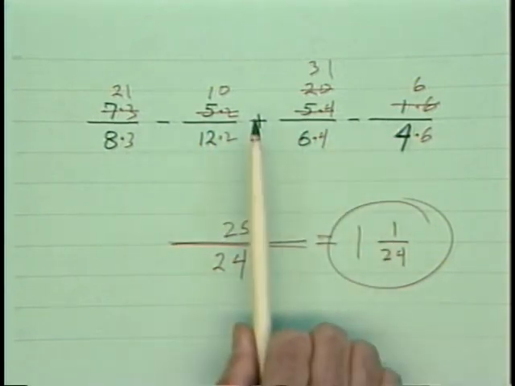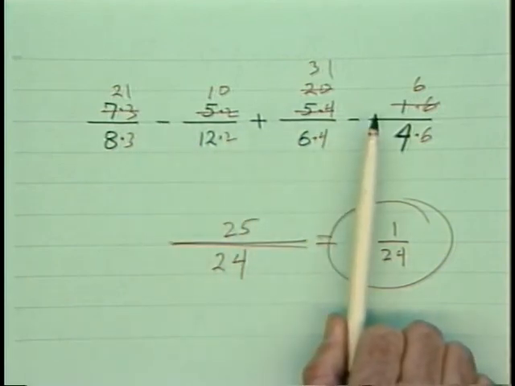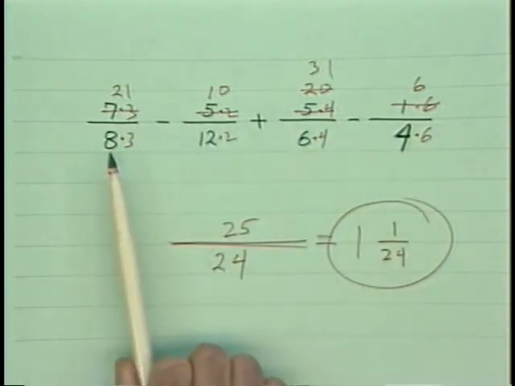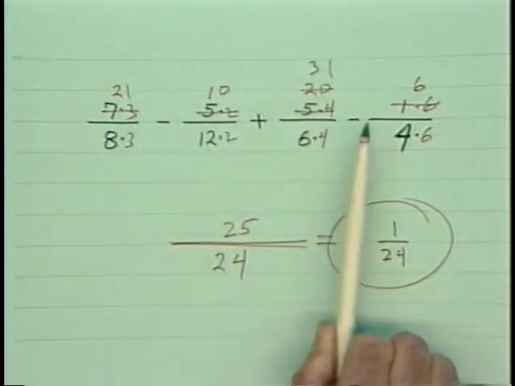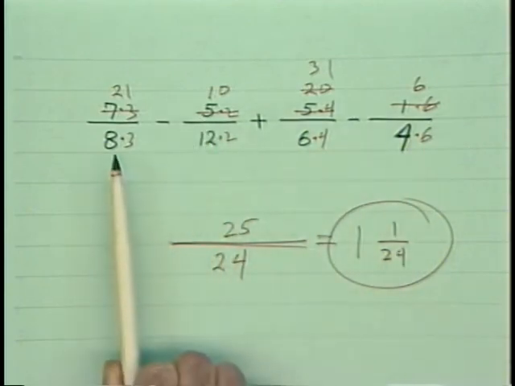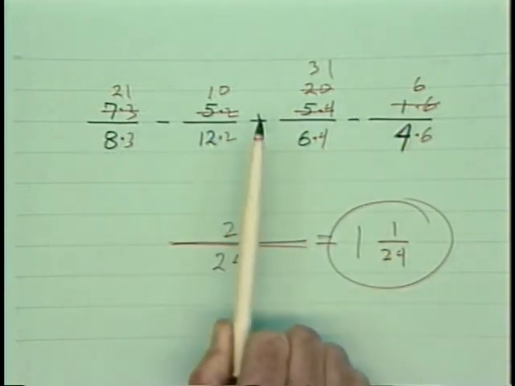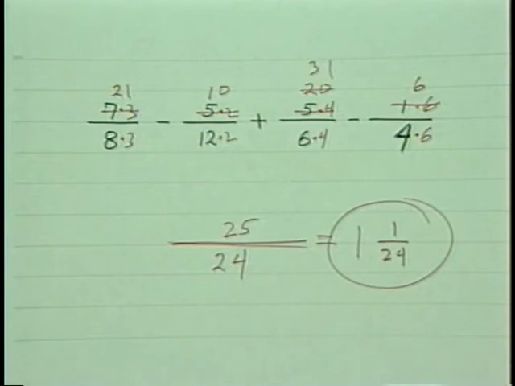So remember, if it's nothing but additions and subtractions, in a sense, you can do them all at once, being sure that you do them as you come to the operation signs rather than jumping around, and being sure first that because you're adding and subtracting, the denominators must be the same in order to add or subtract.